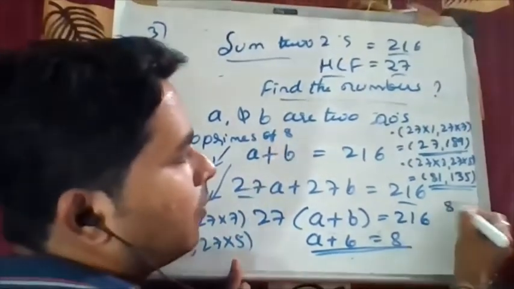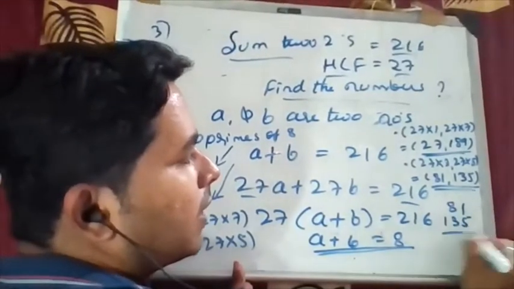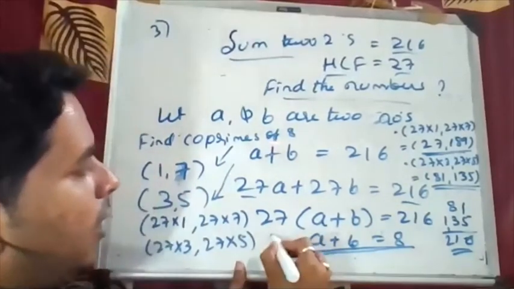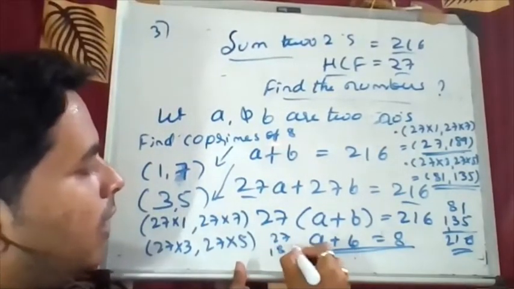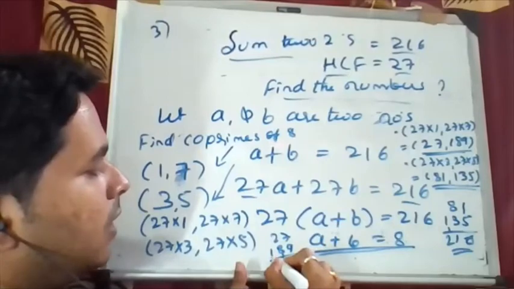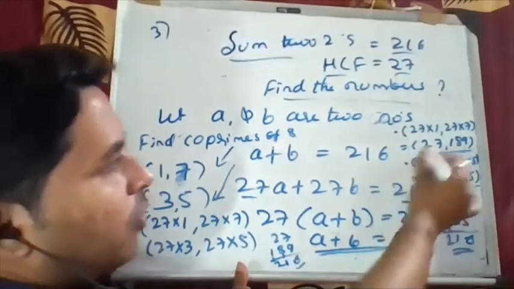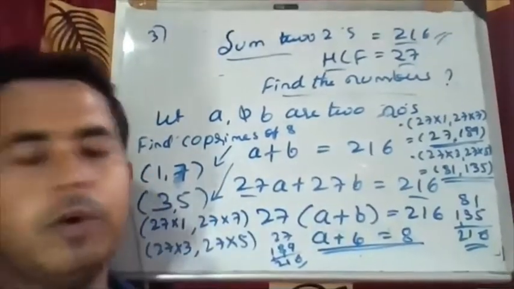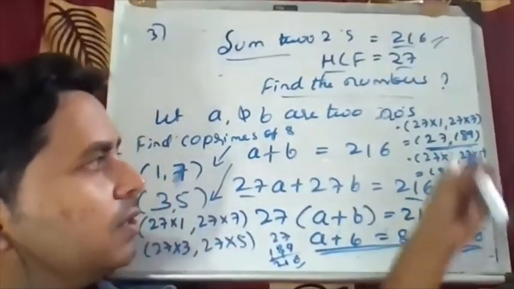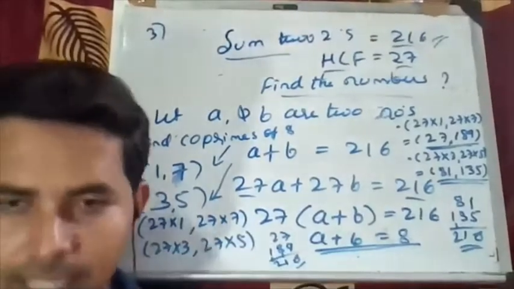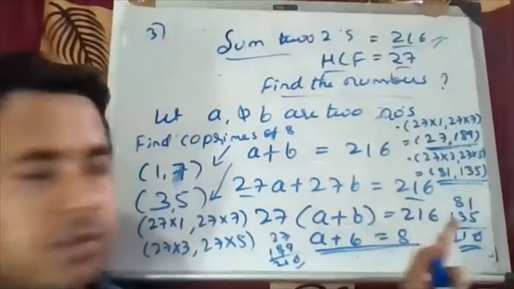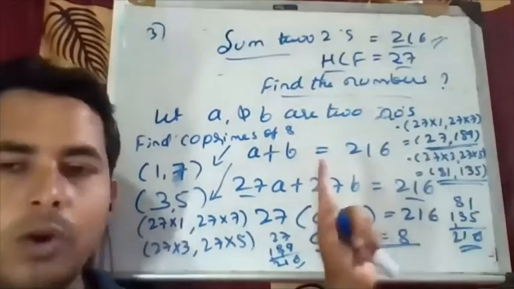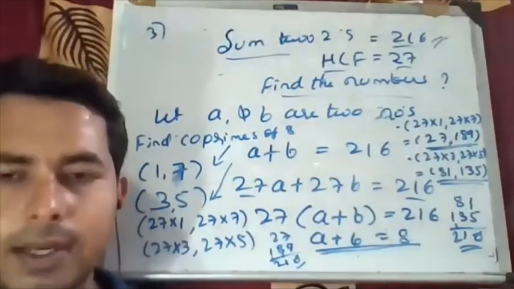If you add 81 and 135, that is 216, and if you add 27 and 189, that is also 216. If you add these two numbers, आपको 216 मिलना चाहिए. और ऑप्शंस पे दोनों ग्रुप नहीं रहता है, कौन सा भी एक ग्रुप रहता है. सो उस आंसर को आपको टिक करना है.